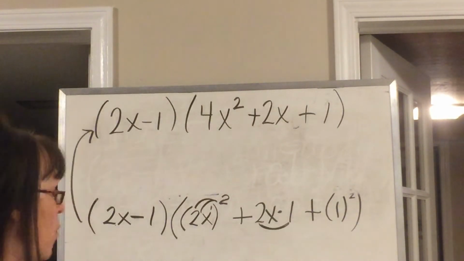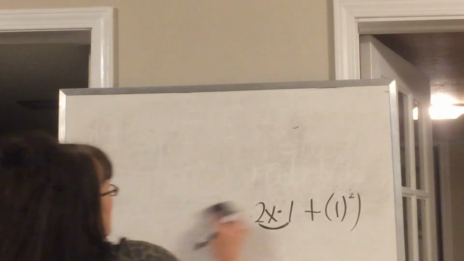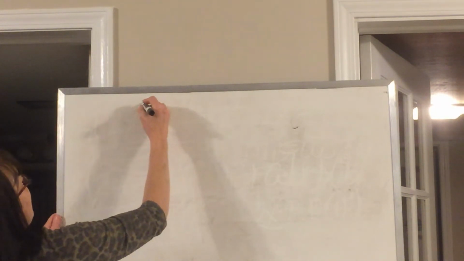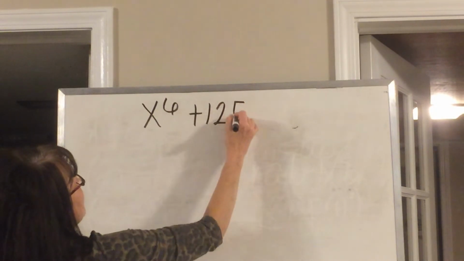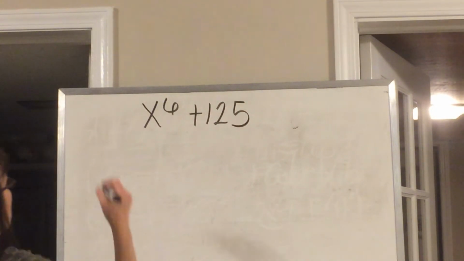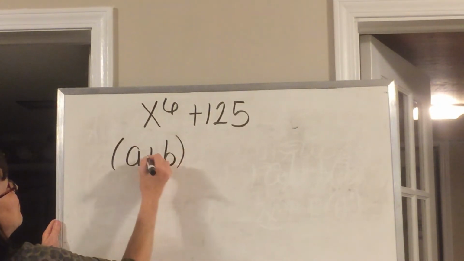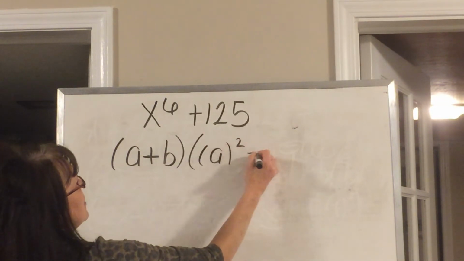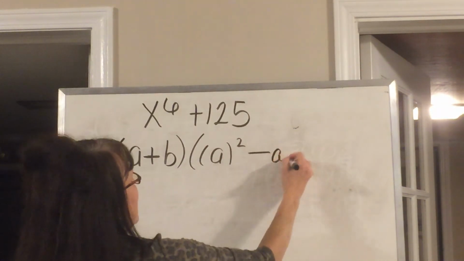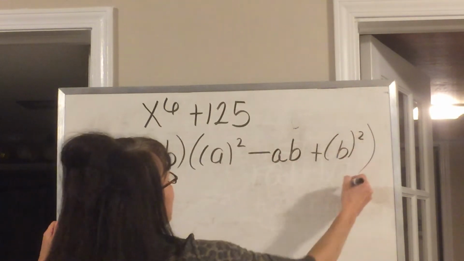Okay, let's do one more. Example 2. All right, so example 2, let's do x to the 6th power plus 125. So the formula is the one that starts off with a plus sign, and then it's going to change to a minus sign, and then it ends with a plus sign.